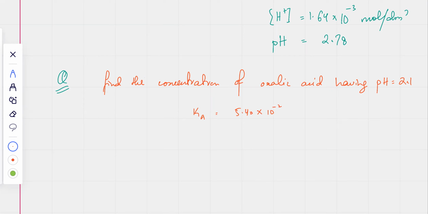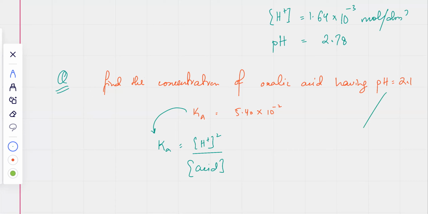So just plug in the values into the K expression, which is Ka is equal to H+ squared divided by the acid concentration. The K value is already given, so you put that value in. What else? The pH is given, so you can find H+.